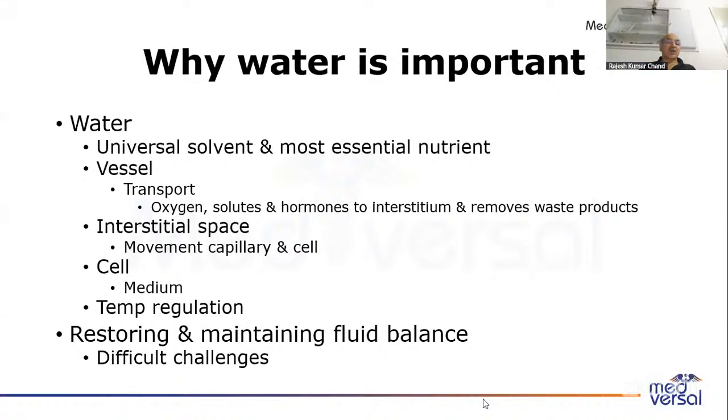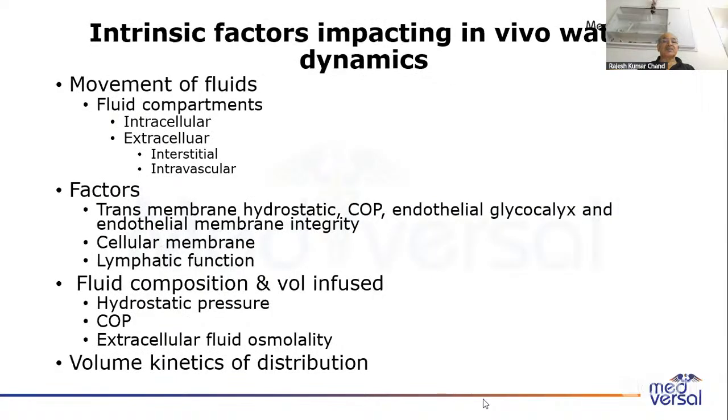And in the cells, water is the medium through which all reactions and interactions happen, and it's also important to maintain the structural integrity of the cell. Water is involved in the temperature regulation of our body, and in sick patients who need fluid therapy, restoring and maintaining all this fluid balance can be a very difficult challenge.